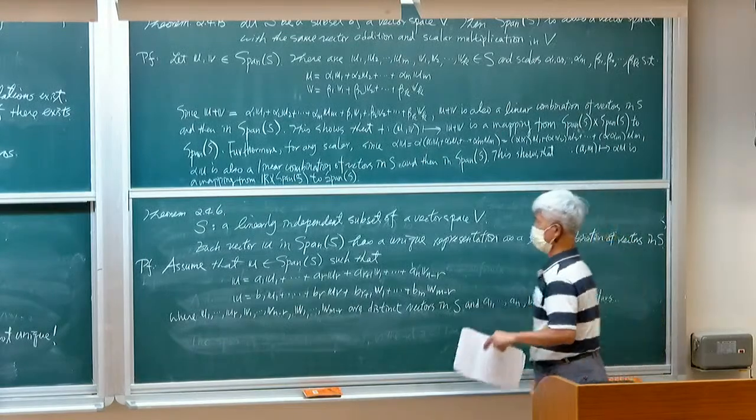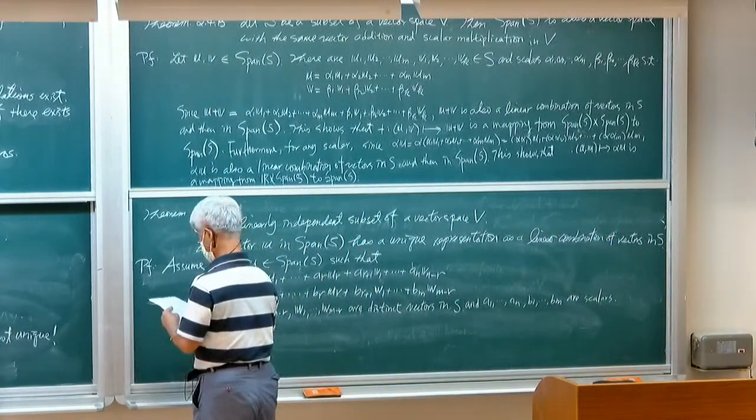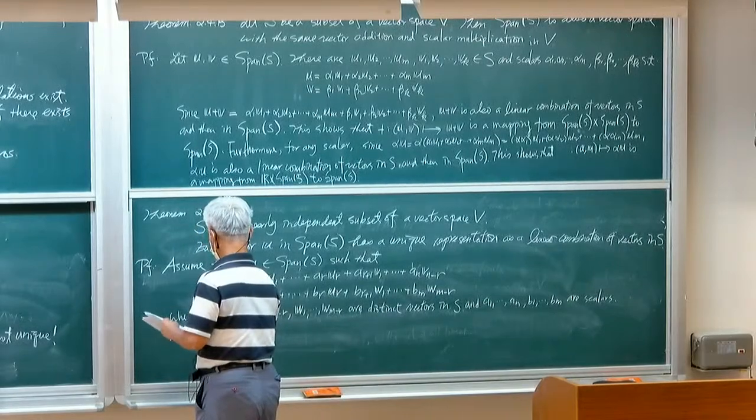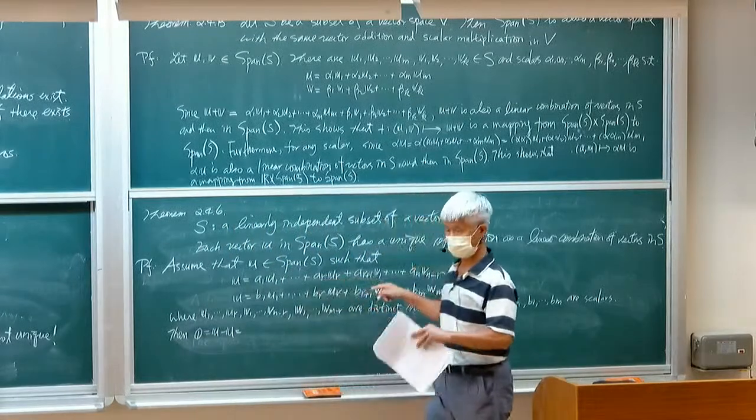Okay? So then we take their difference. So 0 is equal to U minus U. Okay? So we take the difference.